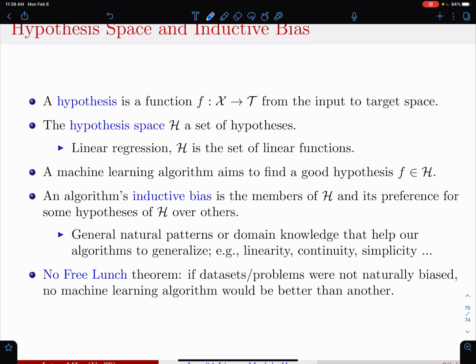And this concept that we've been alluding to is something called the inductive bias. It says whether or not our hypothesis class will prefer some hypotheses over others. So this is a vague definition. In general, it means that when we're trying to design a new machine learning algorithm, we want to take our data into account.